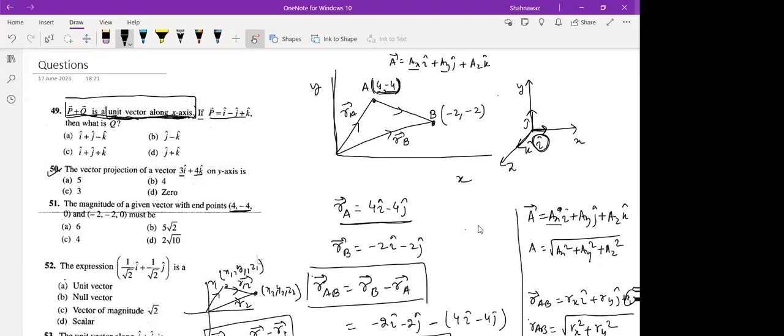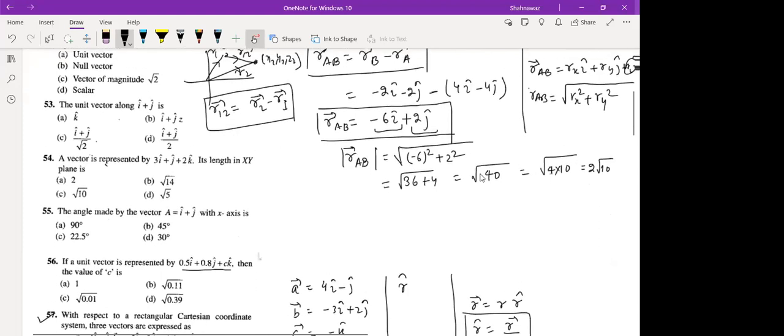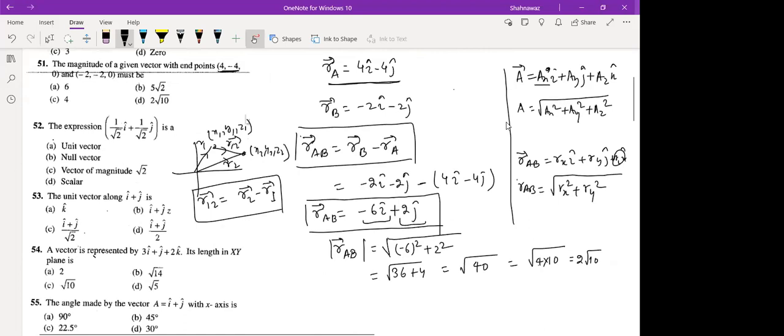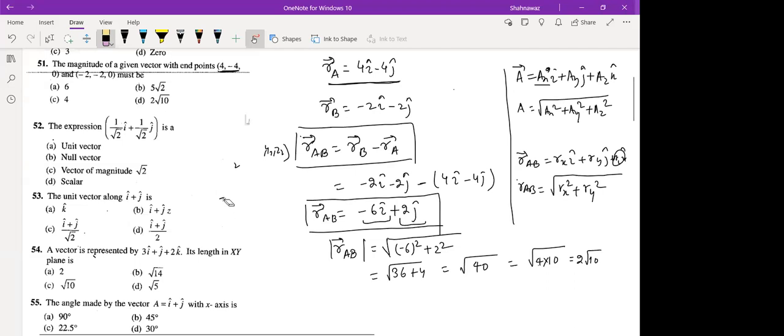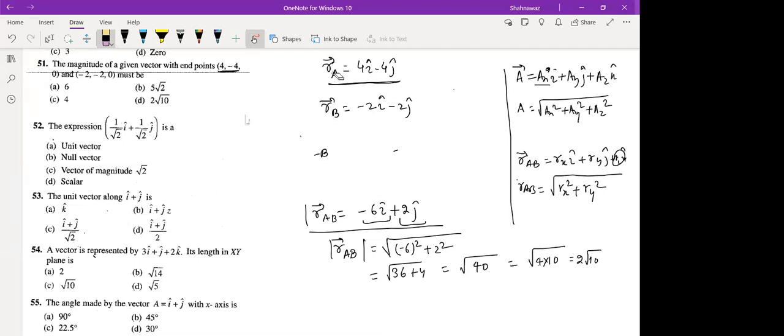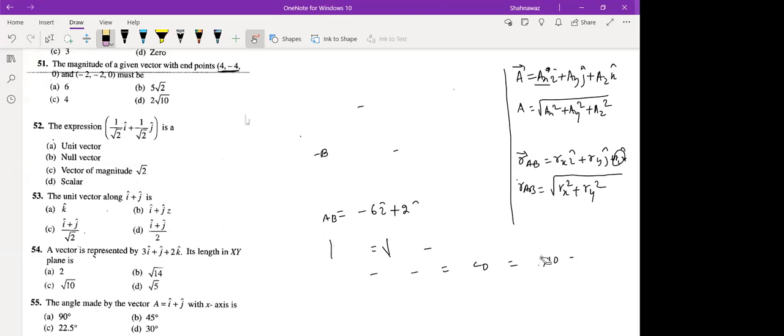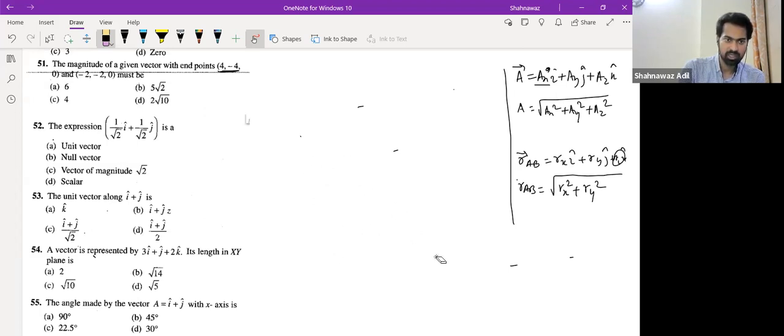Could you scroll down? Done, sir. So let's do this 52 problem and 53 problem, and then we'll do the next one.